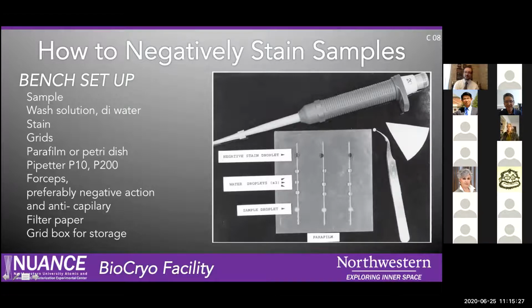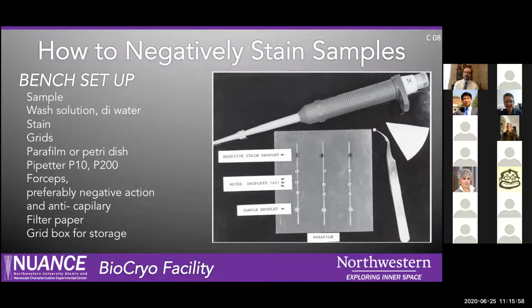The image in the PowerPoint here is what I would call a setup for the drop method. So let me step back just a second. For your setup, what you will want to have is your sample, your wash solution, which is usually DI water, your stain, grids which have been glow discharged, paraffin or a petri dish, and a pipetter, even a P10 or P200 if you just have the one.